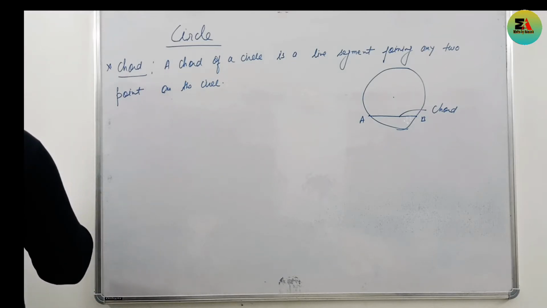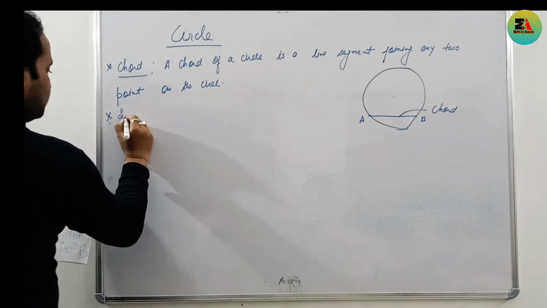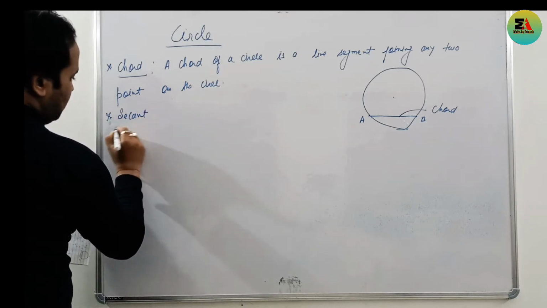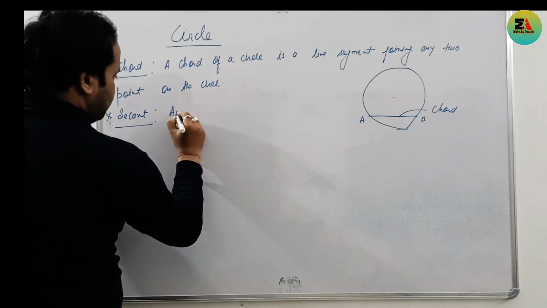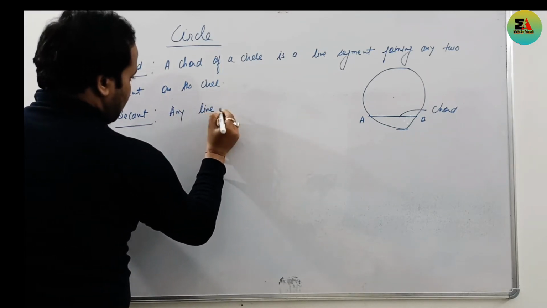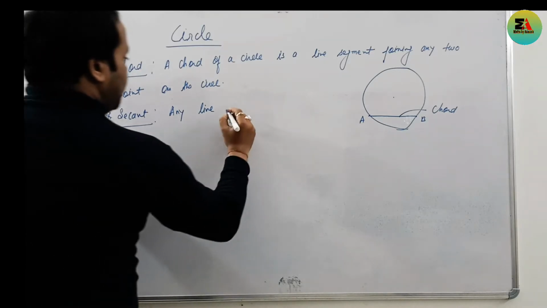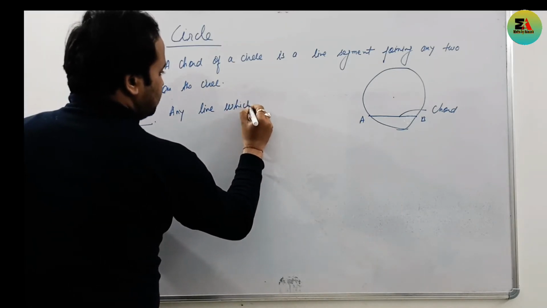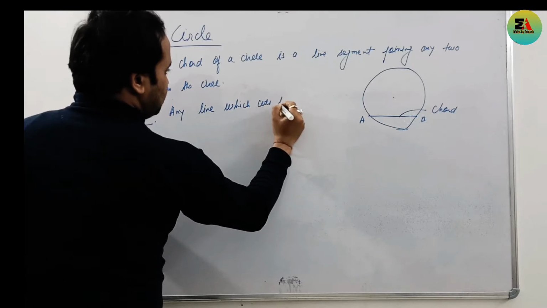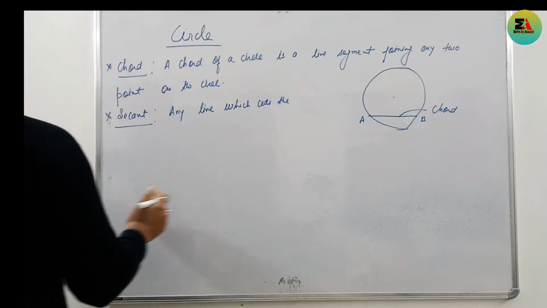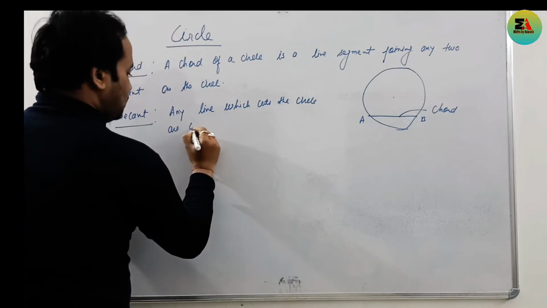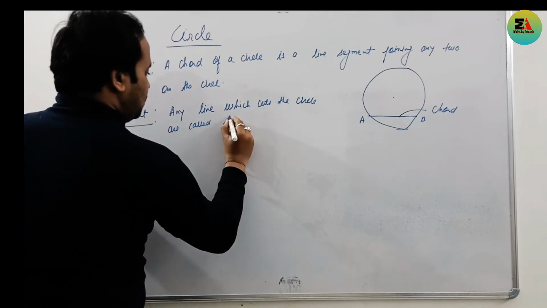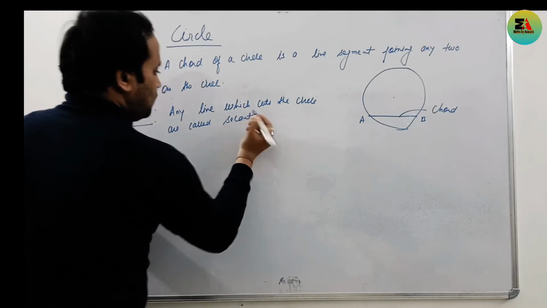Clear? Next we talk about secant. What is a secant? Any line which cuts the circle is called a secant.